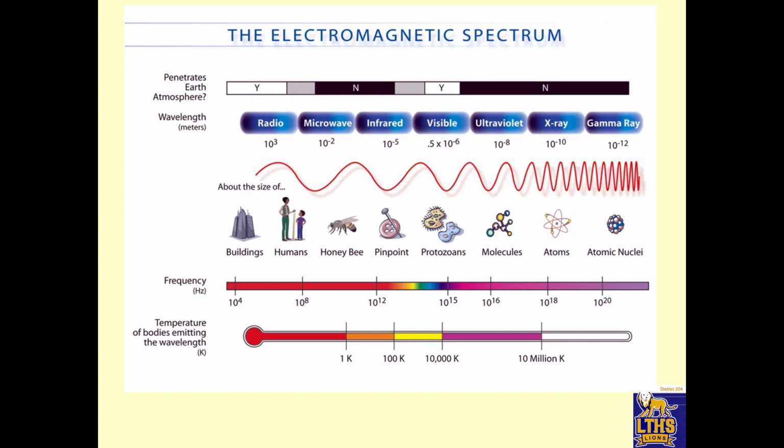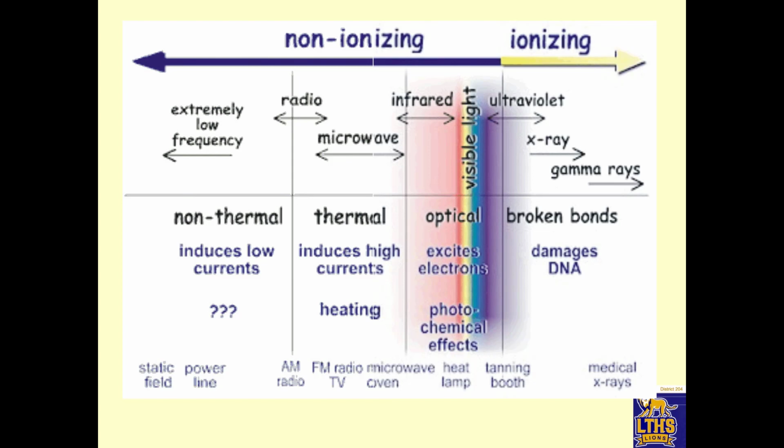Okay, so what that means is that some electromagnetic radiation is small enough, has short enough wavelength, to hit particles like atoms and molecules in DNA and knock electrons off of them. And so we call that ionizing radiation.